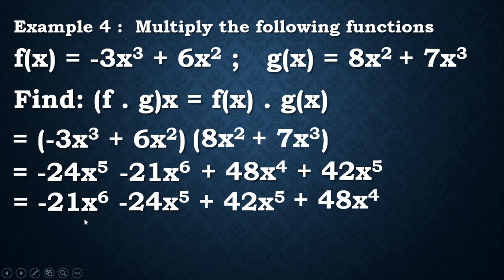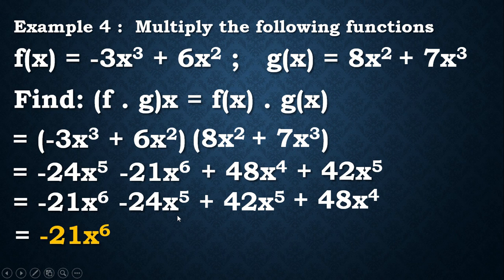Bring down negative 21x to the 6 because we do not have other terms here that are raised to an exponent of 6. And then we have to add this part because they are like terms. Why? Because they have the same variable, which is x, and the same exponent.